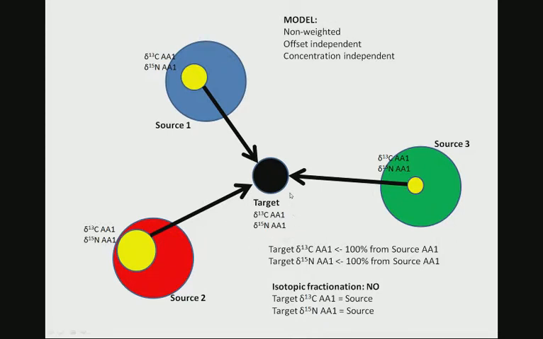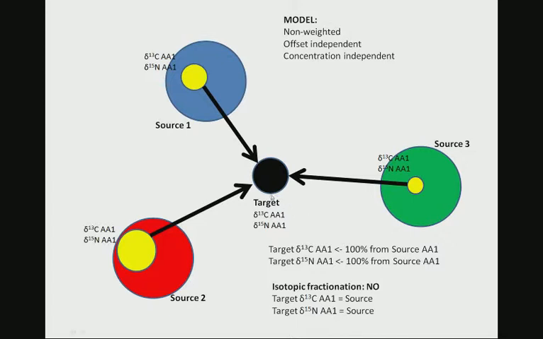For example, in this target there is one amino acid, let's call it amino acid 1, and you measure for this amino acid 1 the isotopic ratios for carbon and for nitrogen, delta C13 and delta N15. This is just an example. It could be other proxies, other isotopes, other fractions. It doesn't really matter. It's just to illustrate the meaning of the different Fruits model parameters.